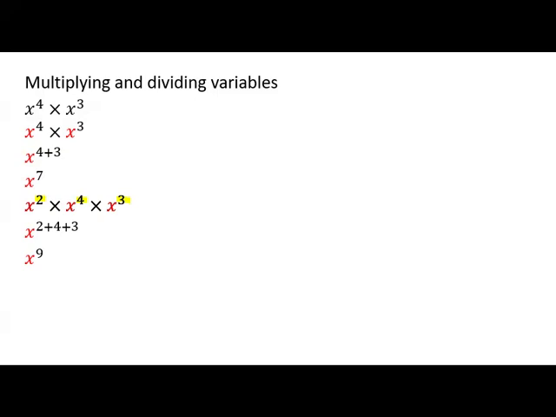For example, y times x will give you yx, but I prefer to write it in alphabetical order, so it will give you xy. You got it? Let's move on.